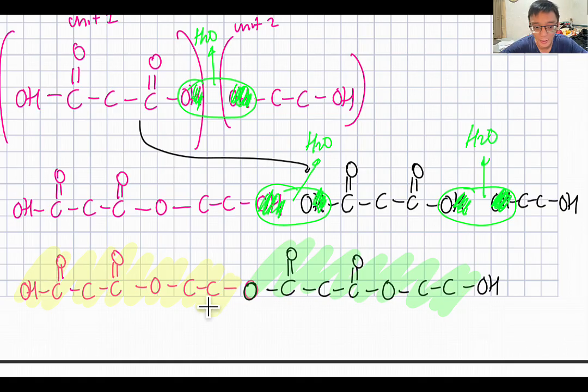But this is not an open arm. How can we make it an open arm? Let's say that here the oxygen is always the bond that combines different units. In order for us to make it open arm, let's remove the hydrogen so that the oxygen will have a free arm for us to draw something like this.